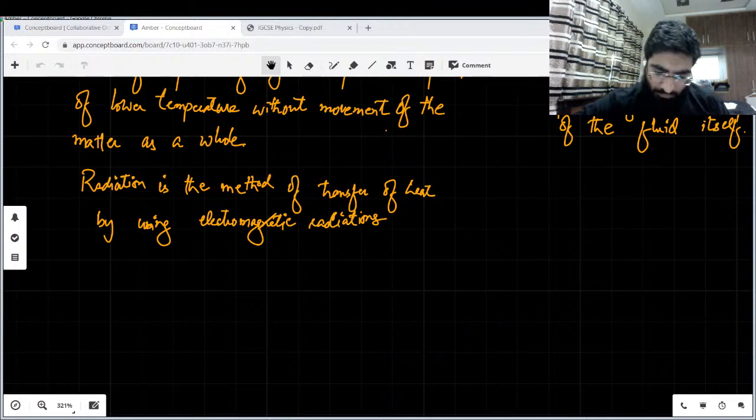Then maybe the last thing that we have to know is which substances and surfaces are good or bad absorbers of heat as well as emitters of heat.